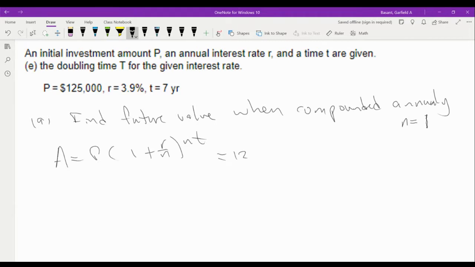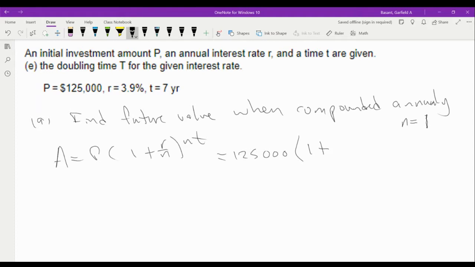Our P is 125,000. 1 plus r. What's our r in this problem? 3.9.